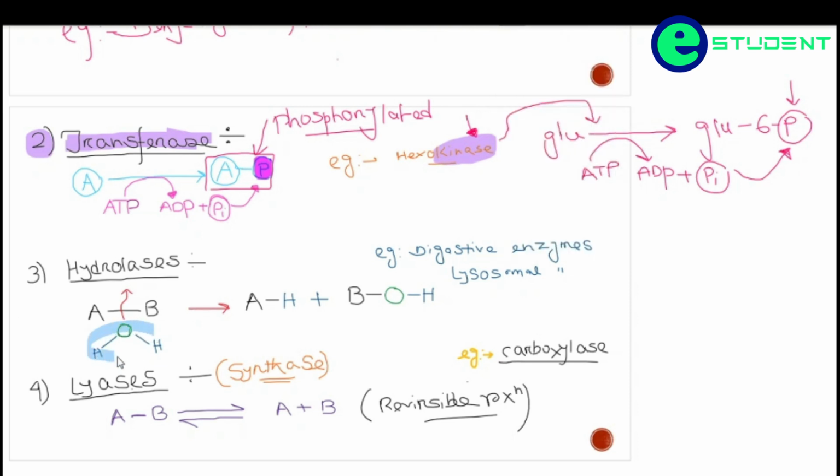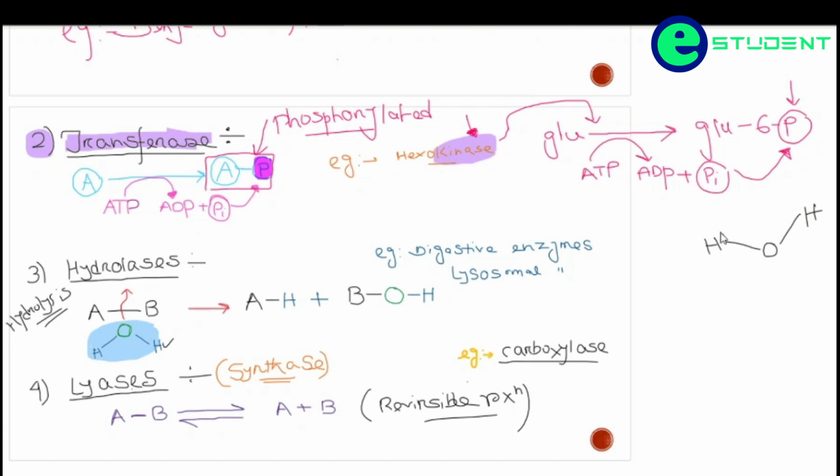Next, the third type of enzyme classification is hydrolases, where a water molecule breaks the bond between A and B. This is a hydrolysis of a bond. Here the bond between A and B becomes hydrolyzed, and as we know, H2O is formed by 2 hydrogen atoms and an oxygen atom.